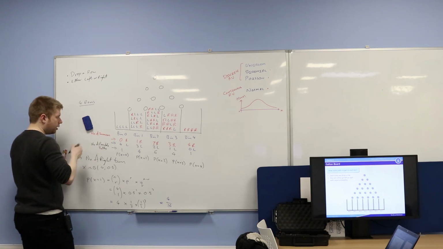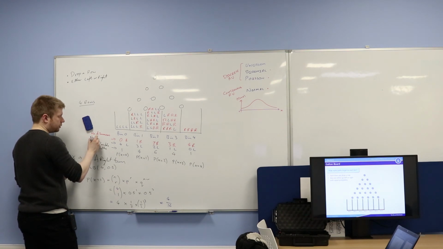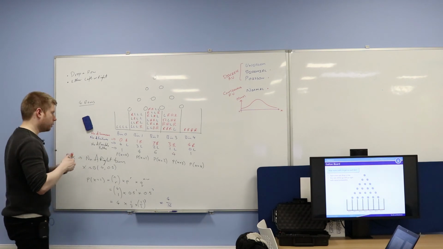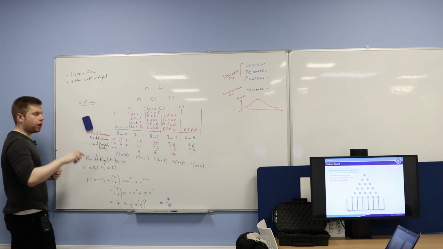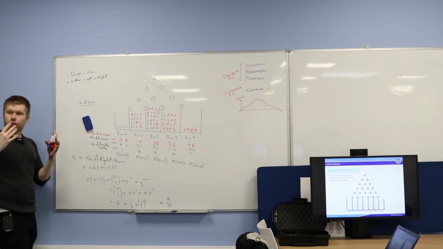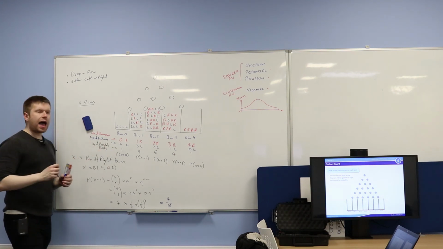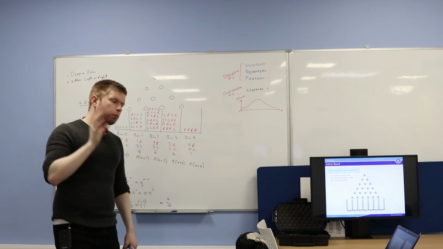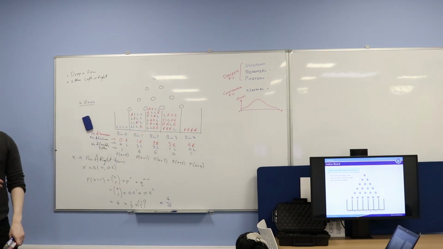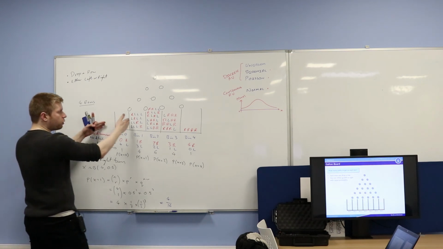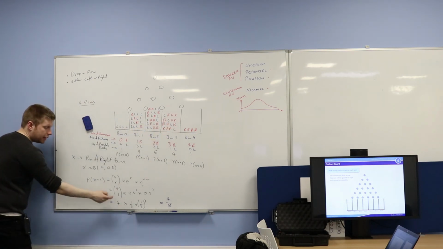This thing here is the number of failures. In blue, this is the number of failures, in other words a left turn. This is the number of successes, the number of right turns. And this thing in black is simply the number of different possible paths that you can take that will get you into each of those bins.